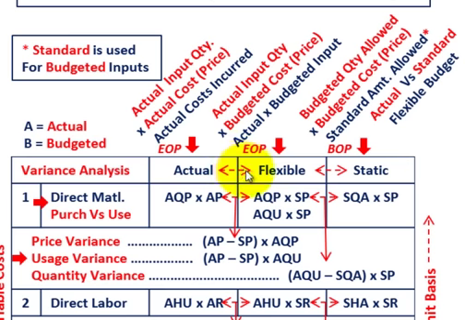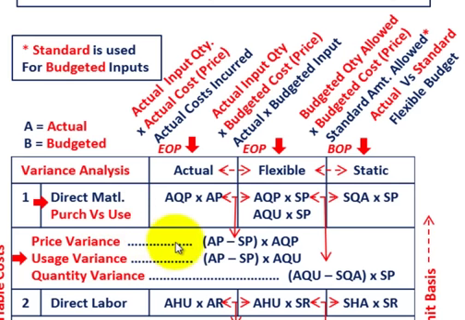So now we can determine our variances between these three different budgets. The static amount is really your standard amount that's allowed. For our direct materials, we're dealing with price, usage, and quantity variances. Let's look at what we're talking about.